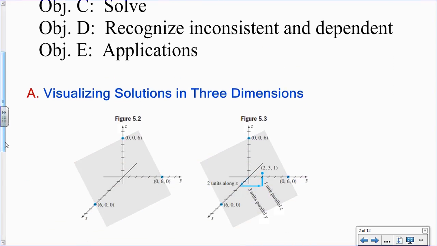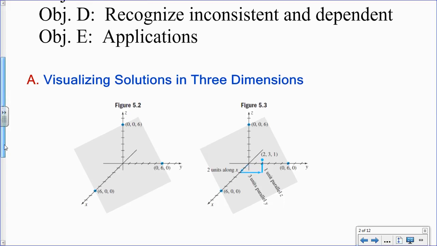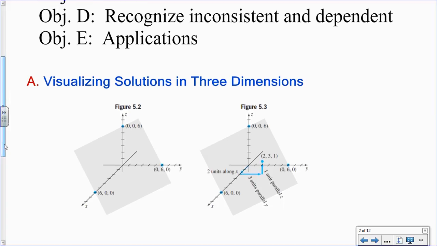So first of all, we have visualizing these solutions in 3 dimensions. So 3 variables, there's 3 axes, 3 dimensions. Your x-axis is right here now, and then y is here, and then z is going up. Okay, so it's 3-dimensional.